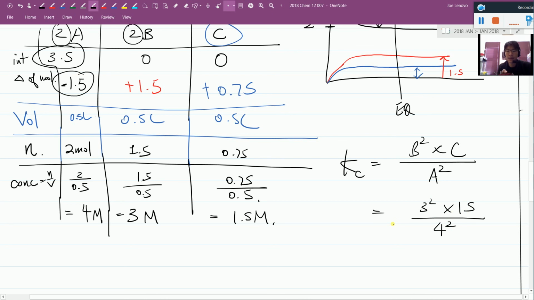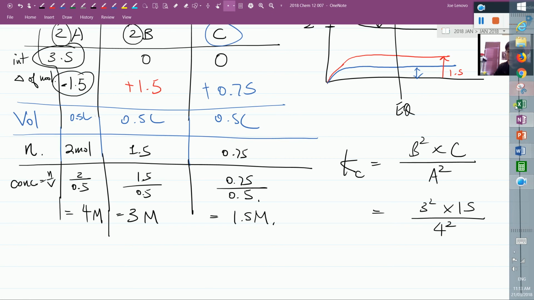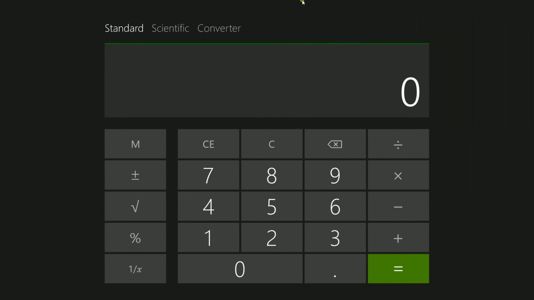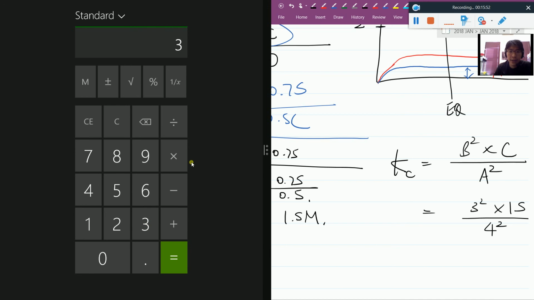On the calculator, 3 squared is 9 times 1.5, divided by 4 squared, which is 16. And the answer is 0.844. That is our answer.